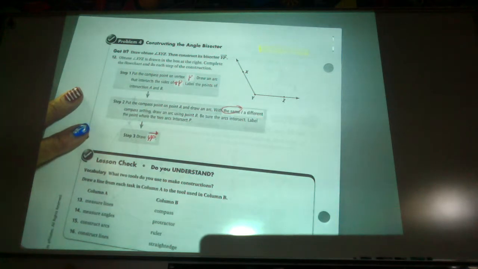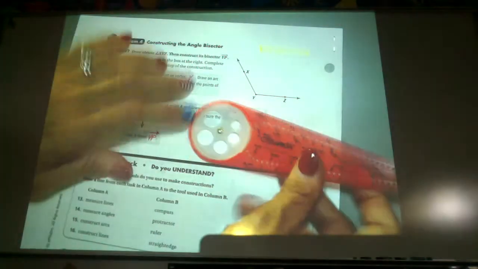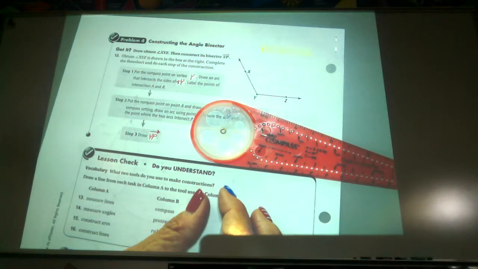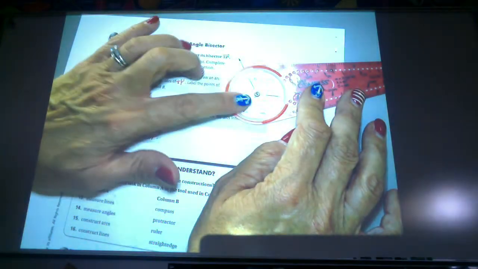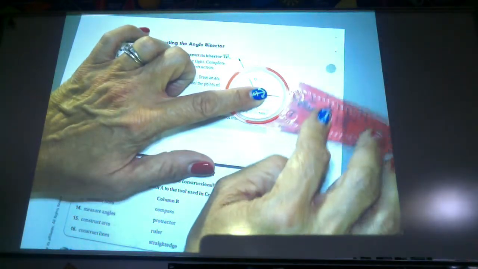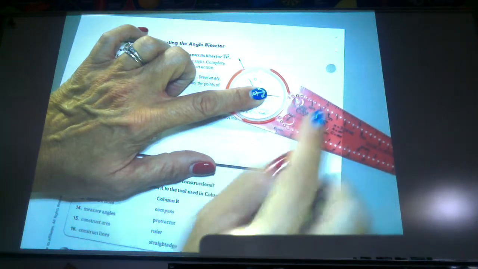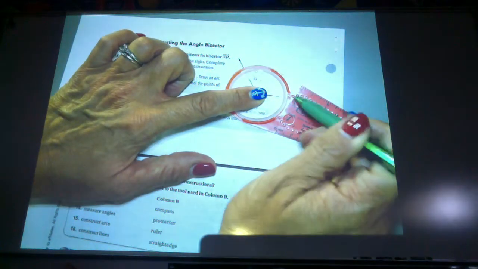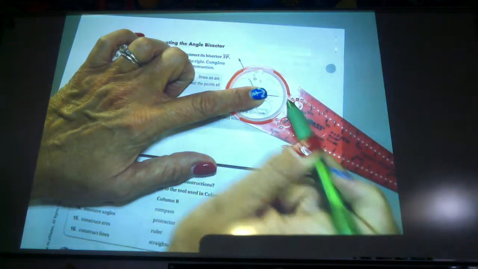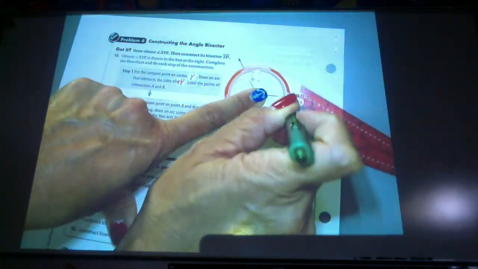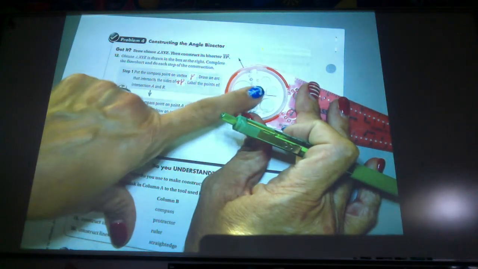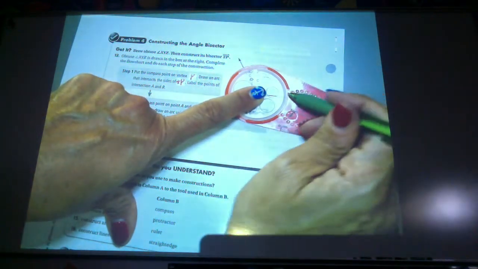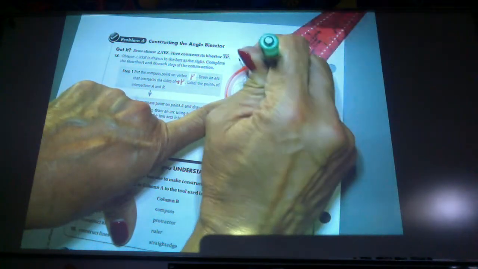So here we go. So very first thing, take your compass, and just like we did when we were measuring a congruent angle, we took the brad and put it at the vertex of the angle, in this case Y, hold on to that. Then look over here at the side of your angle and choose, well, this is a pretty small angle, so choose the smallest setting that you can here, and we're just going to create an arc.